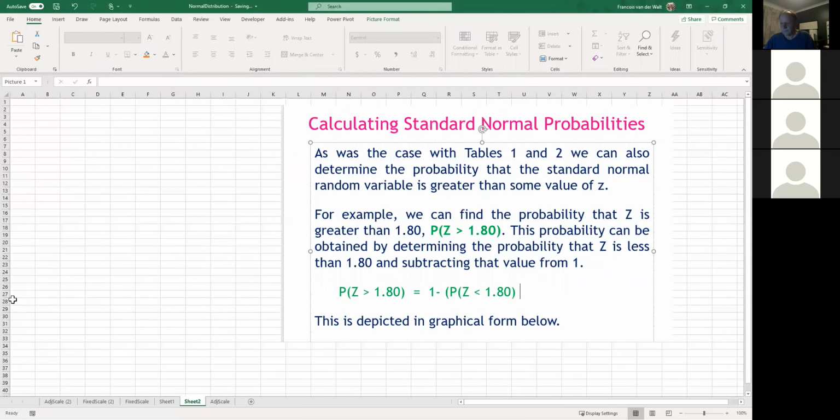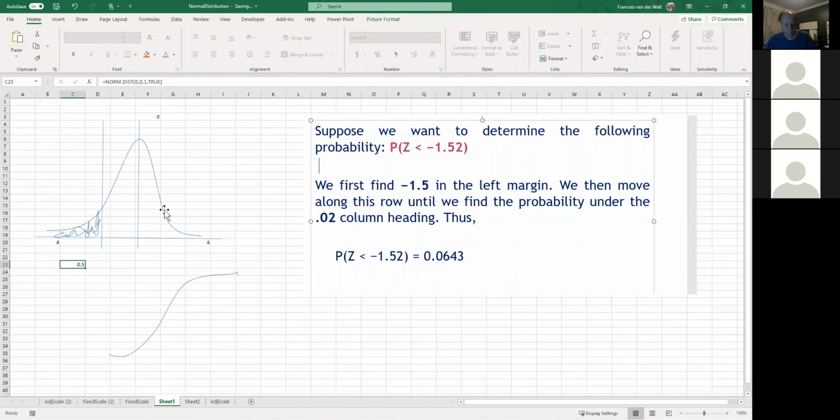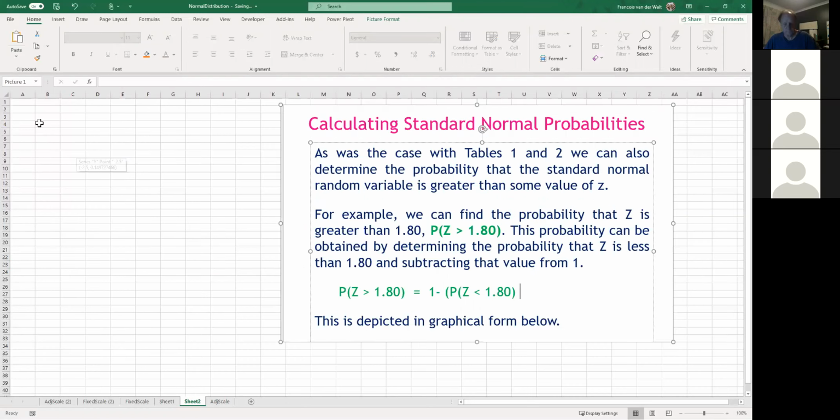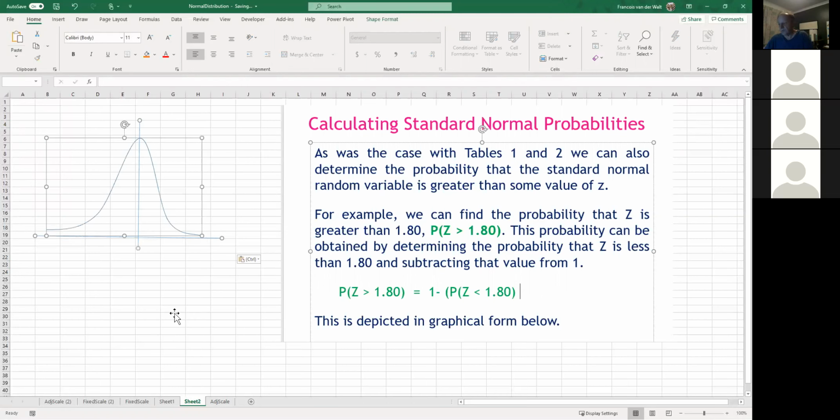I'm just going to copy this graph because I'm too lazy to draw it again. So there's my normal distribution.